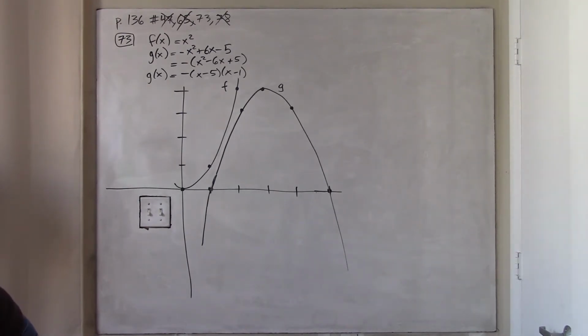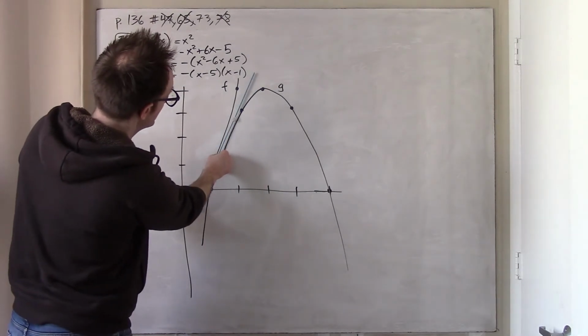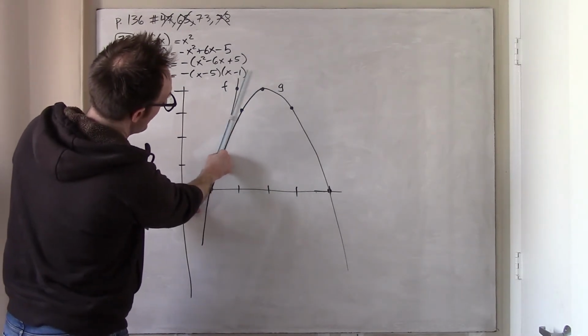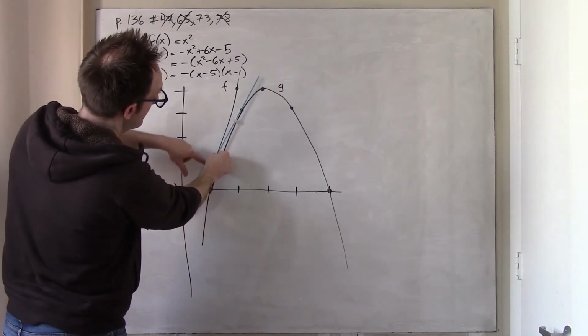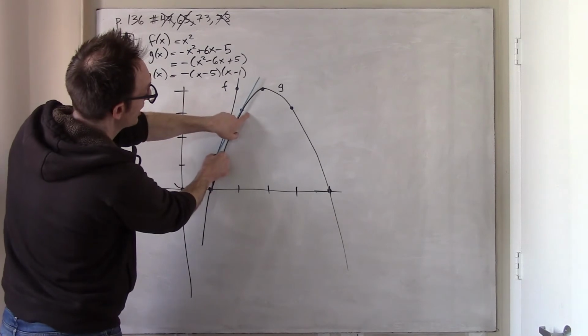Take this big stick and just jiggle it. If you jiggle it one way, I think you will see that it's going to get stuck touching the F boulder on the left and the G boulder on the right.